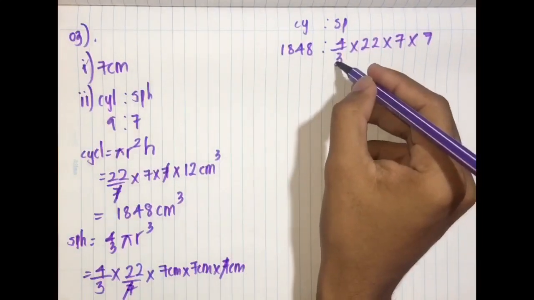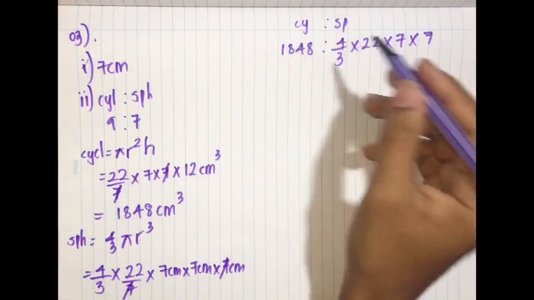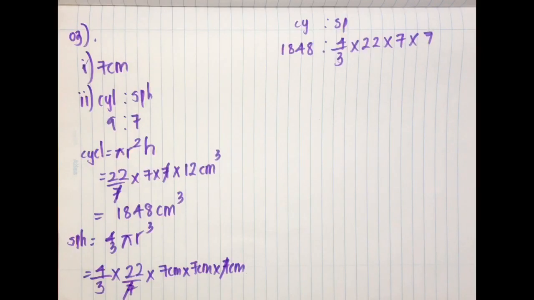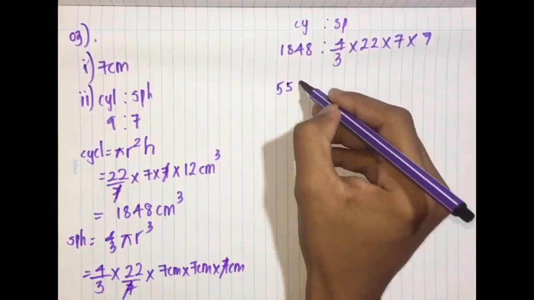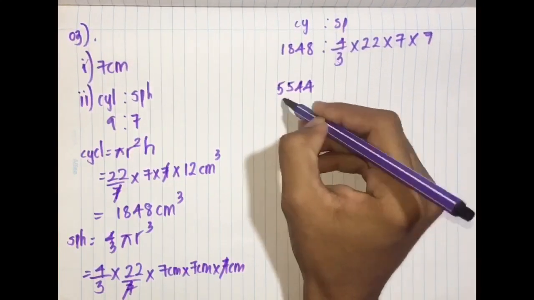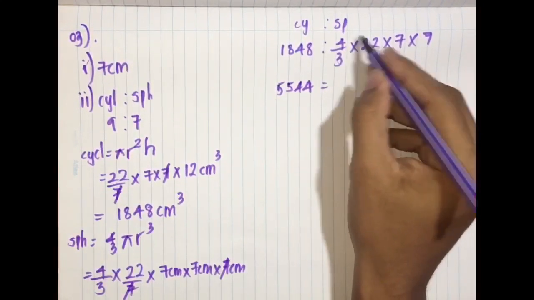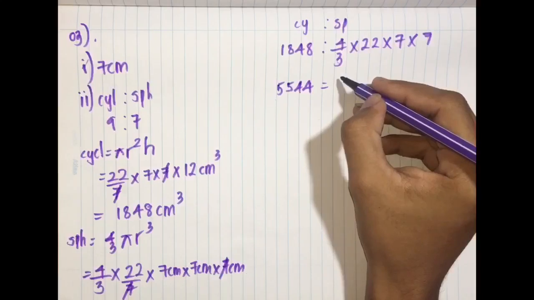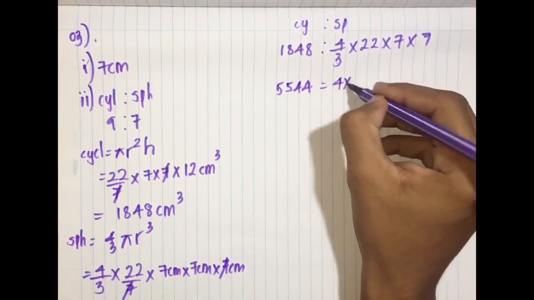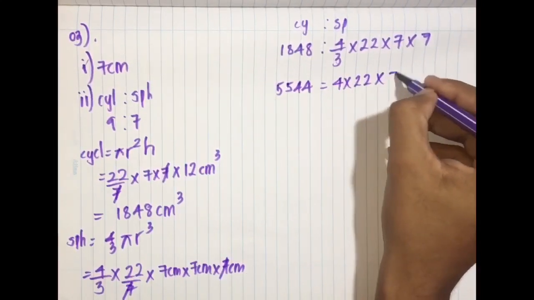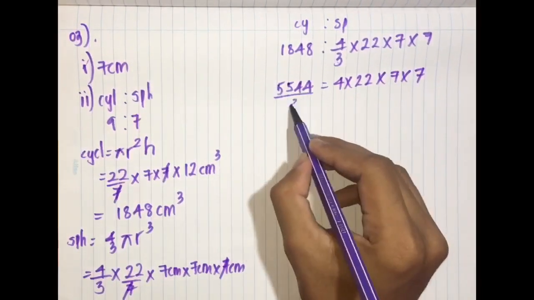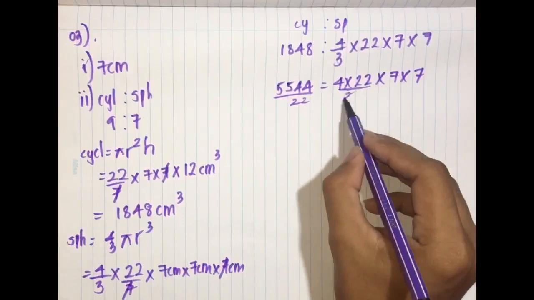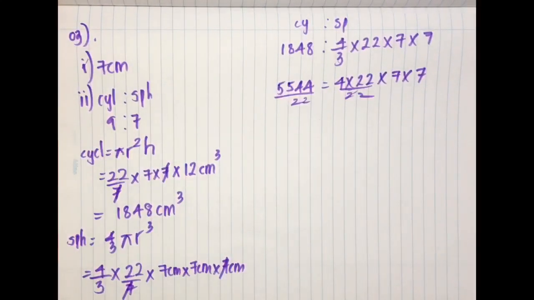So since this is divided by 3, I'll send it to the other side, so it gets multiplied by 3. Multiplying will give us 5544. Okay, and 22 into 4. I'll write it as it is, 4 into 22 into 7 into 7, and we'll divide both sides by 22. That means I'm taking 22 to the other side.